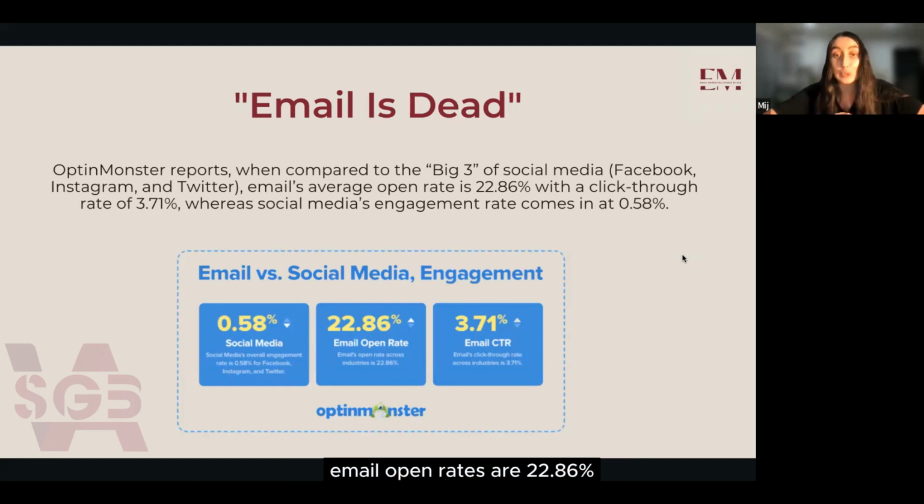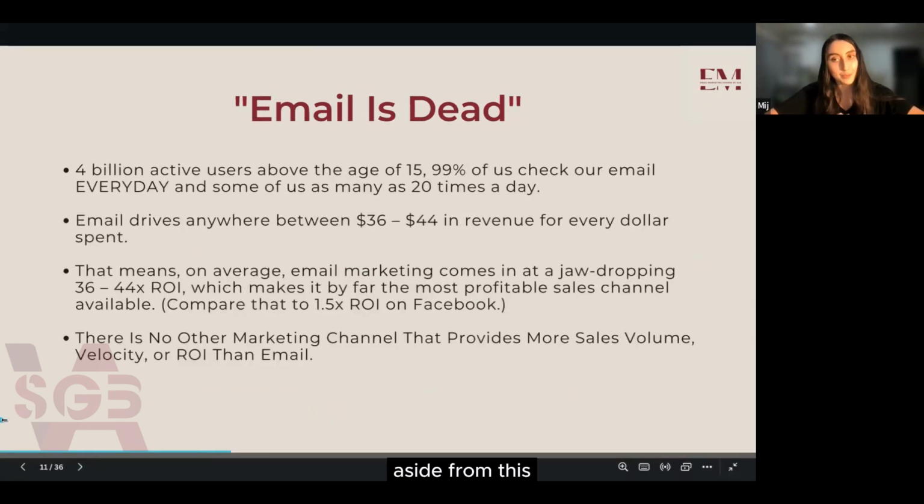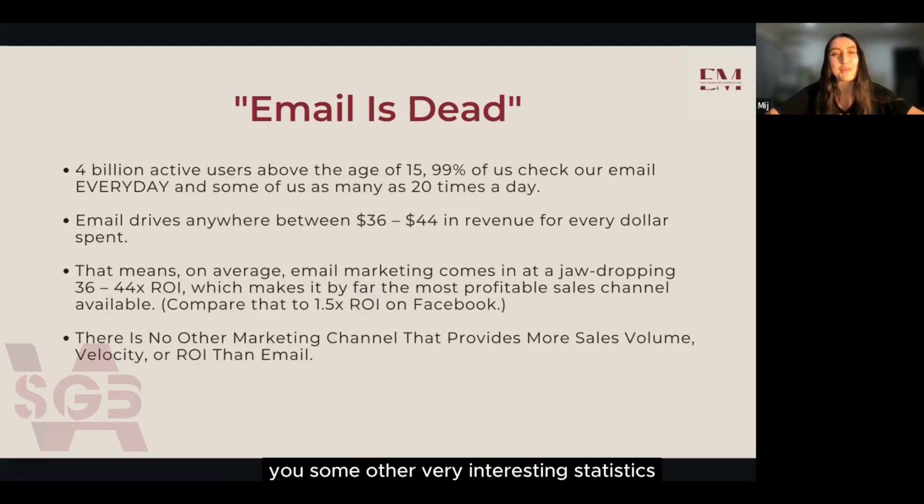Email open rates are 22.86%. And email CTR, which is click-through rate, is 3.71. This really shows a huge power and a huge influence that email marketing brings. And this is another reason for us to learn about email marketing tactics and apply them to our digital campaign. Aside from this, I'd like to show you some other very interesting statistics.